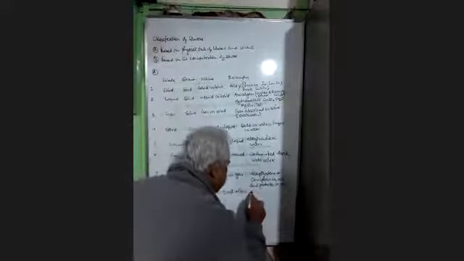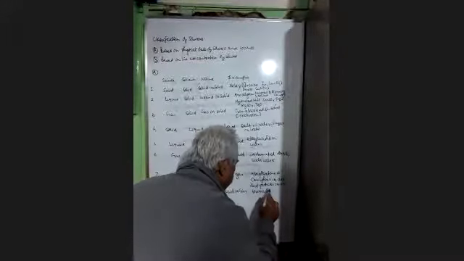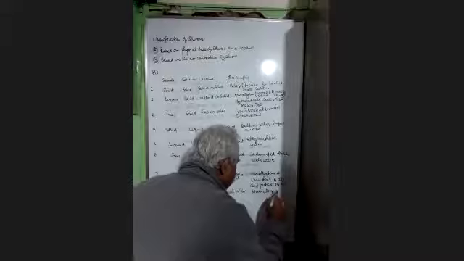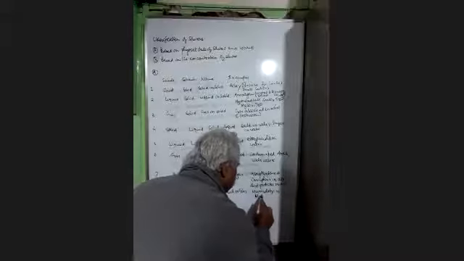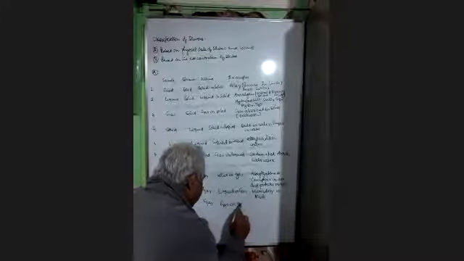Okay. What do we call this one? We call it humidity. Or which is sometimes visible to us, we call it mist. And this is gas in gas.